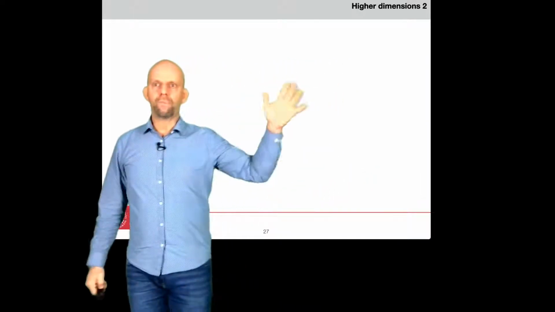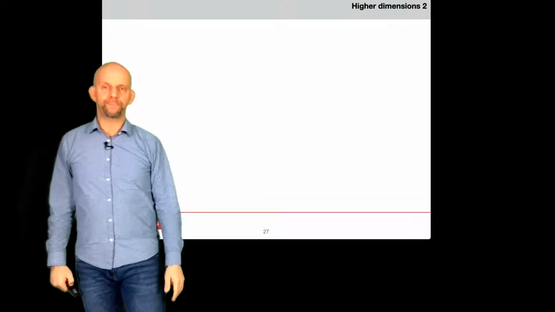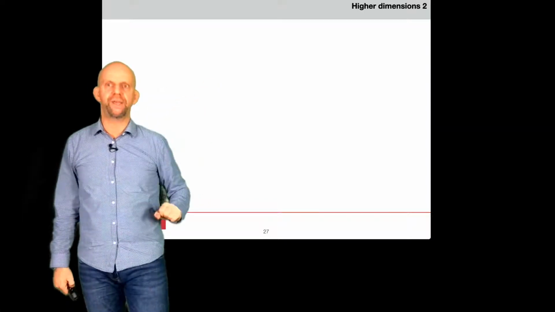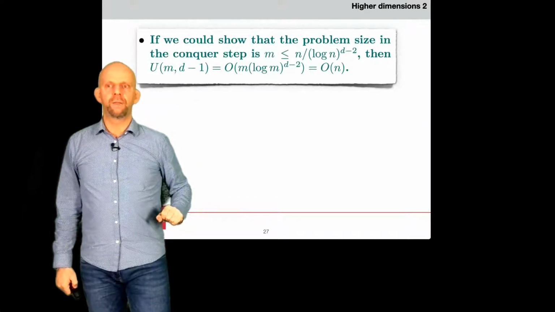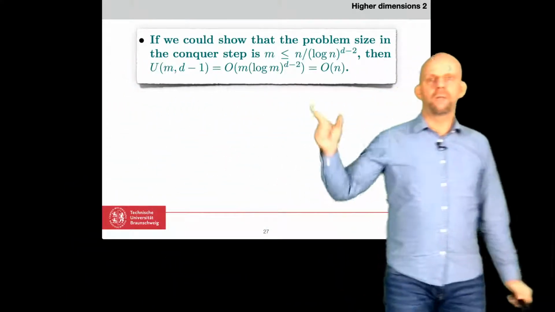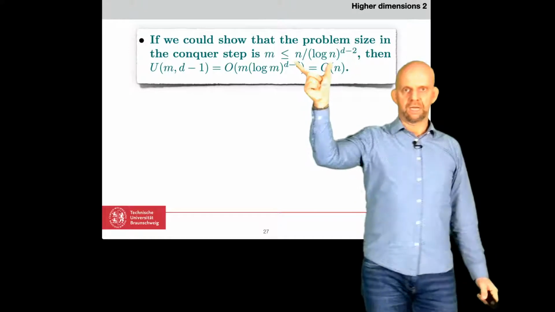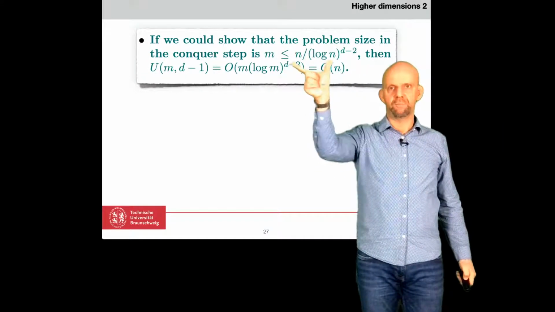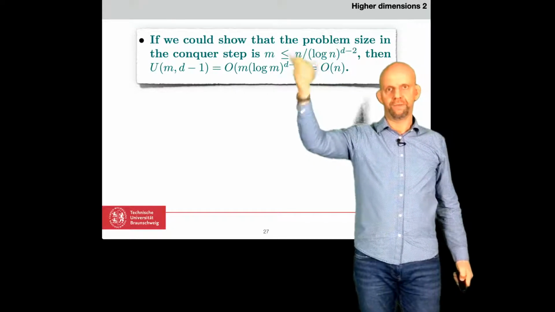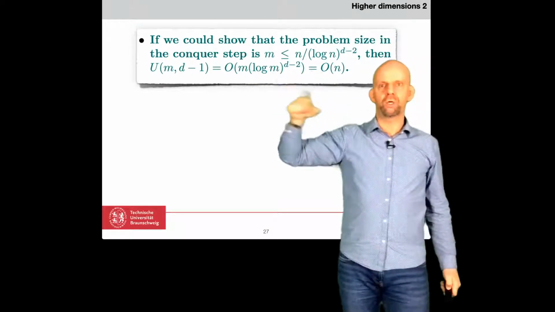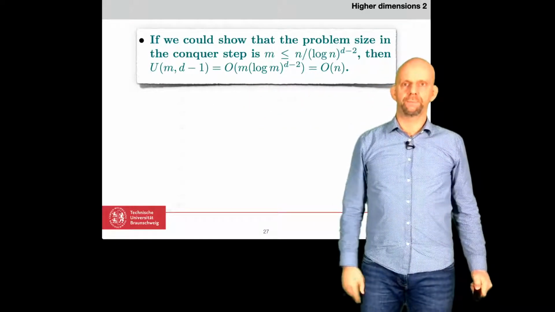But there's one more trick, a bit of a magic trick, at least for the purposes of today. If we can make the problem size after the recursion step a little smaller, not just linear, we save some logs by dividing through that, and then we get a better recursion and get to n log n.